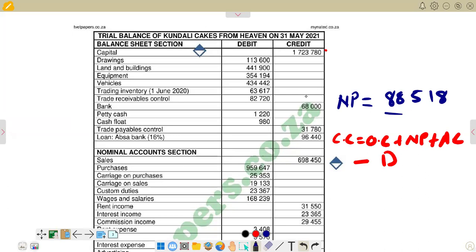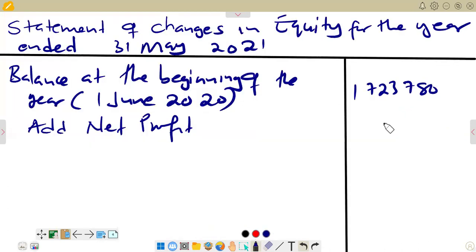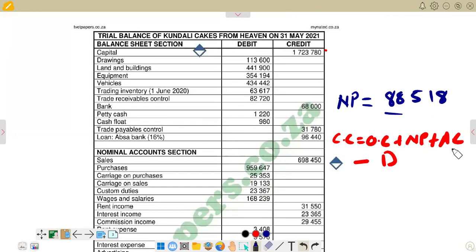So we are saying here 88,518. If you go back to the question to see if we have additional capital, you see that the question doesn't have additional capital. Remember, in the additional information, we are only given the figure for closing inventory. So we don't have additional capital in this question, so we can skip this one.